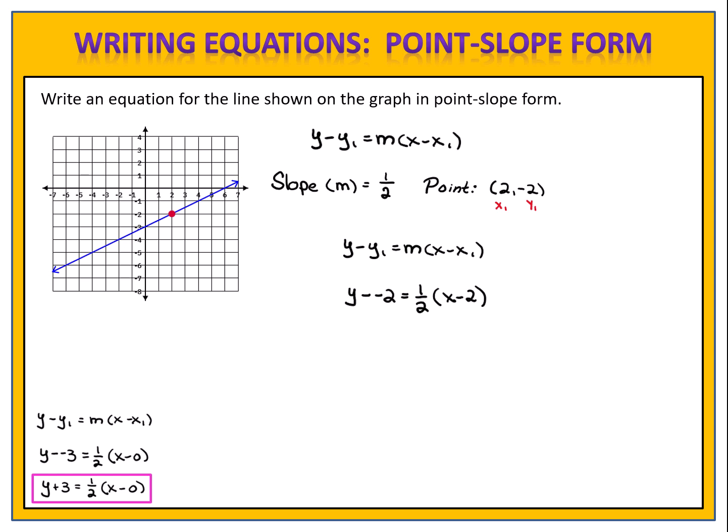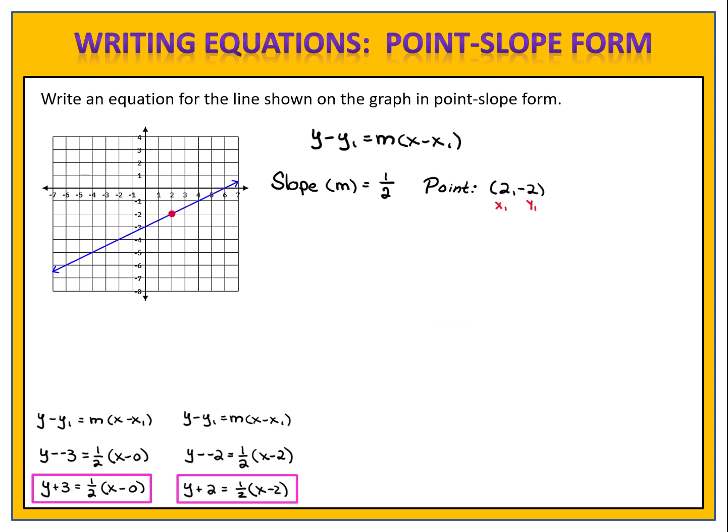Again, on the left-hand side, I see a double negative, y minus negative 2, which will be y plus 2, equals 1/2 times x minus 2. This is also the point-slope form of the line, which might feel a bit uncomfortable because now we have two very different equations that represent the same line. But that's okay. These equations are equivalent, and I'll show you what that means in just a couple of minutes.